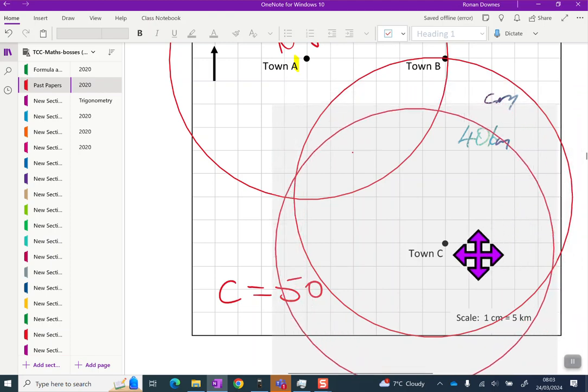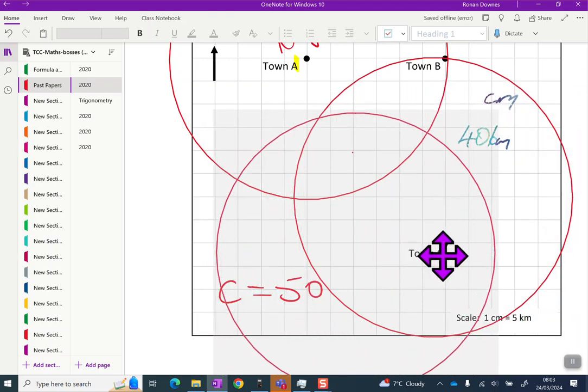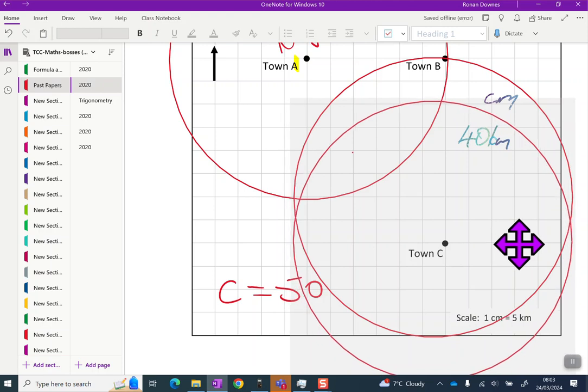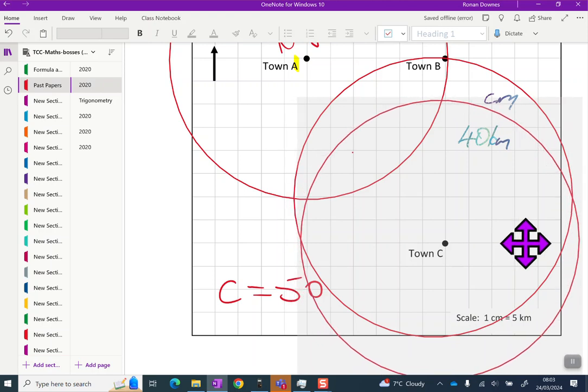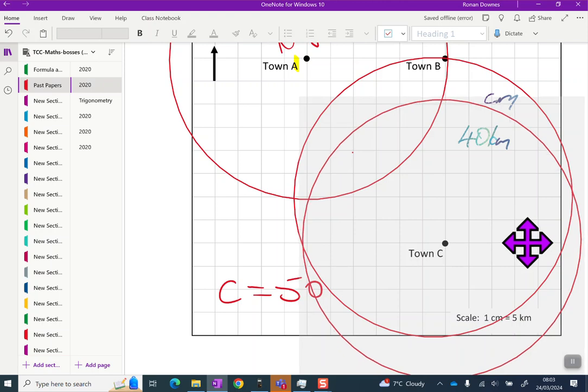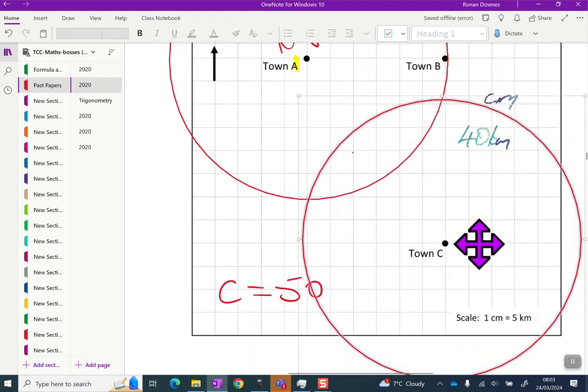How many boxes are here? 1, 2, 3, 4, 5. So it'll be sticking out there by 1. About 1. So basically, this is more or less it. Okay, so these are your two circles meet. The intersection place here is where we want to go.